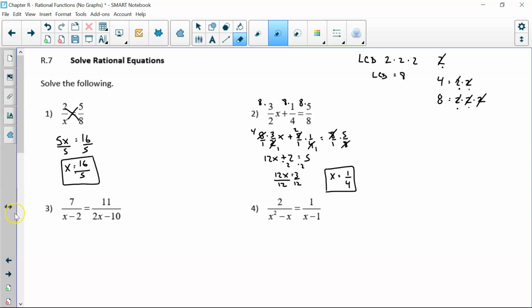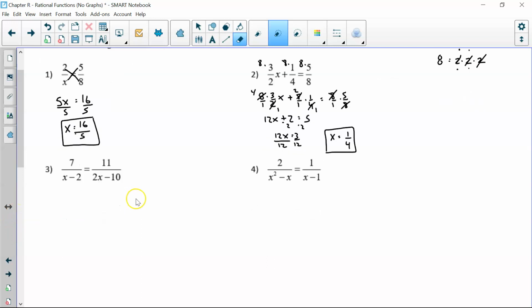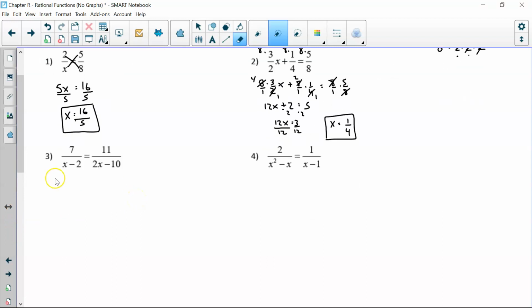Now, a problem like number 3. It's a proportion, cross multiply. So I'm going to show my work. 7 times 2x minus 10 equals 11 times x minus 2. So we distribute, we get 14x minus 70 equals 11x minus 22.